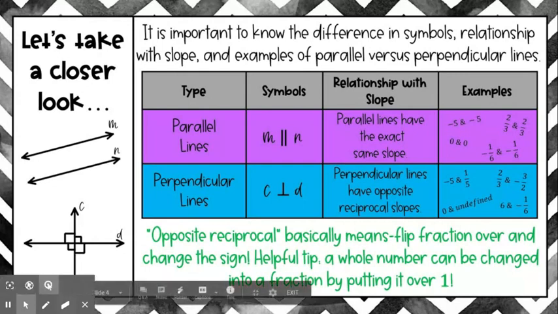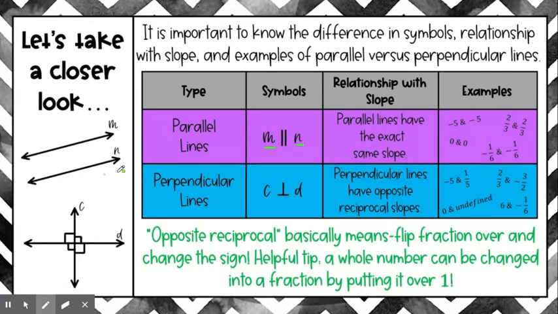So in this one, we're given M and N. Got that from over here. And then we're going to use these two, kind of like an equal sign turned on its side, to say that they're parallel. So two bars like that means parallel.